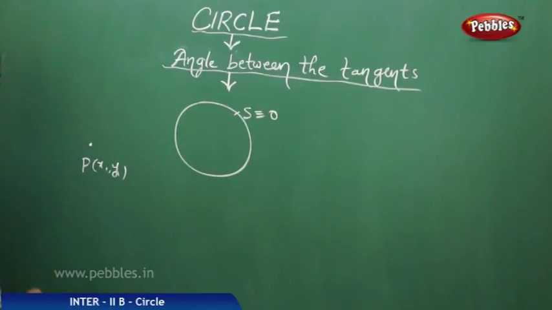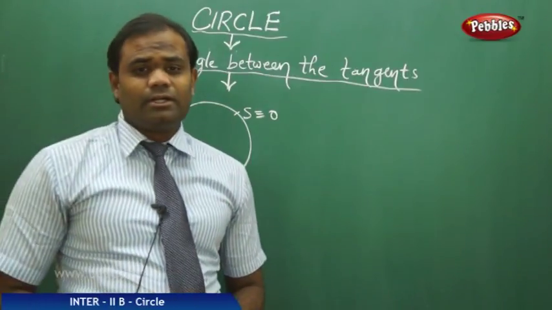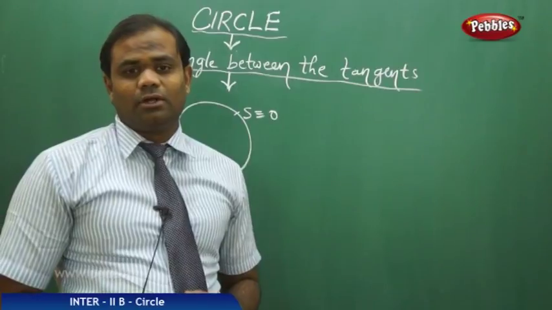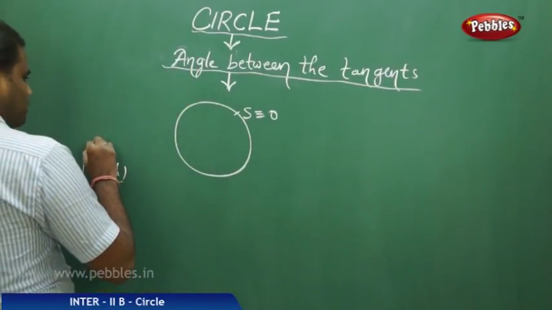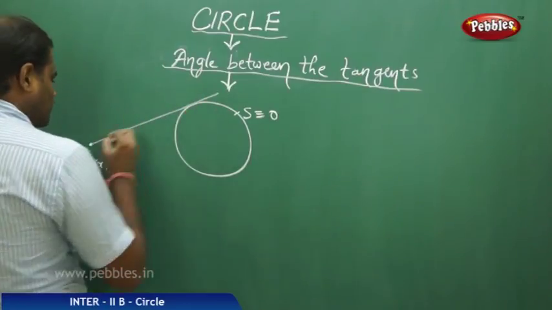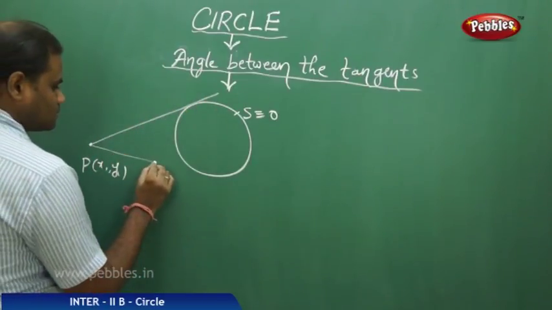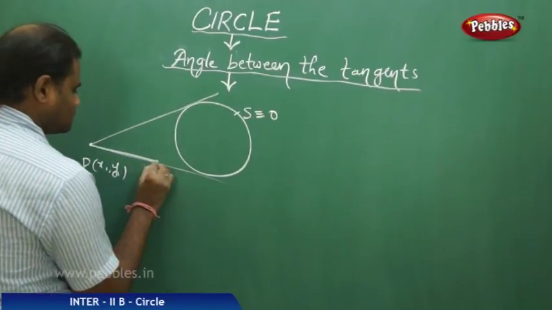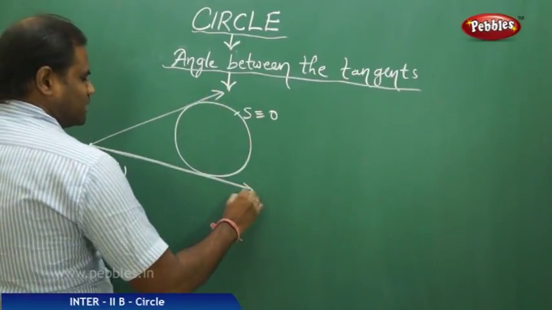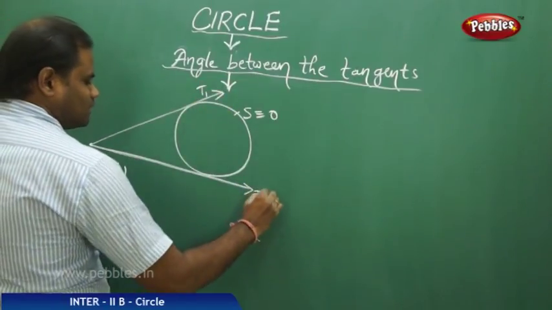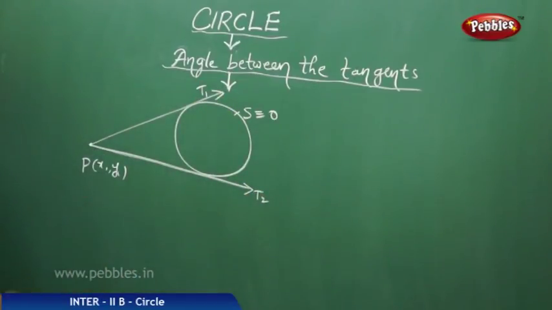From this external point, we have already discussed that two tangents can be drawn. So the two tangents are T1 and T2, which give the angle.